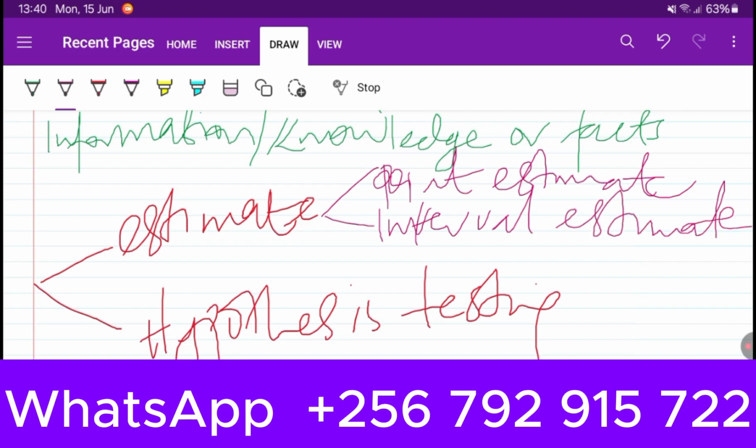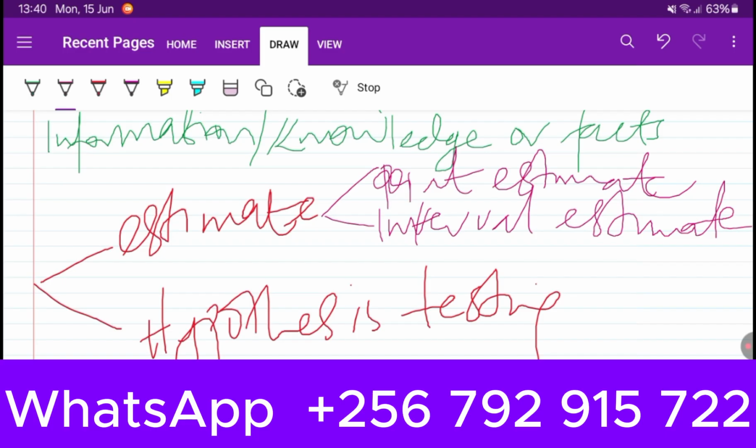So these are the two different things. Of course, the estimation is just the process by which one makes inference about a given population based on the information obtained from the sample. So these are some of the things that we shall look at as we go into deeper analysis.